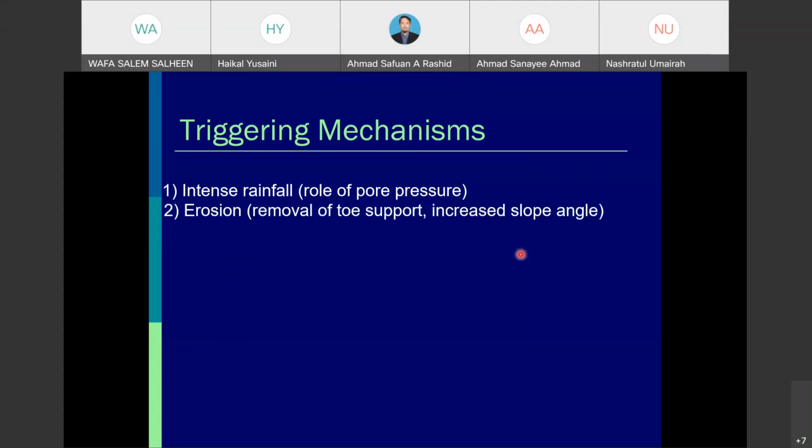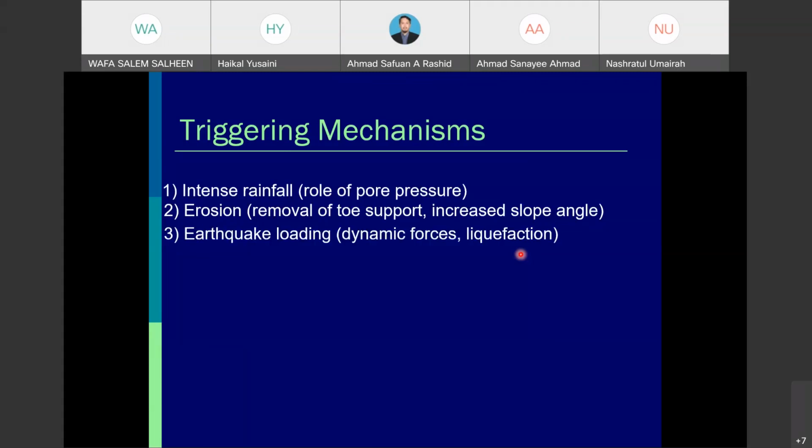To solve it, we need to, for example, construct a gabion wall on the toe, and then use hydroseeding methods to plant vegetation.